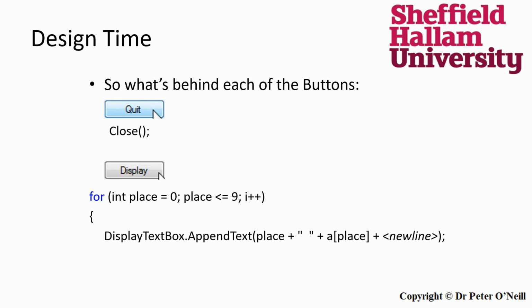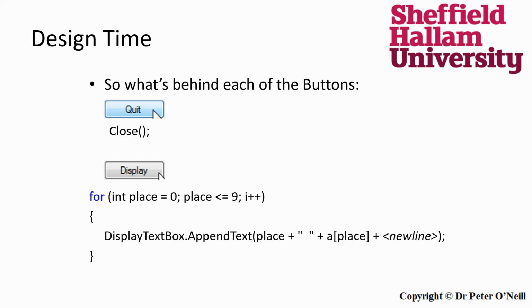And then we say displayTextBox.AppendText(place + " " + a[place] + newline). And that basically will write or present whatever is in our array into our text box, because it will go around there and put each one on a new line.